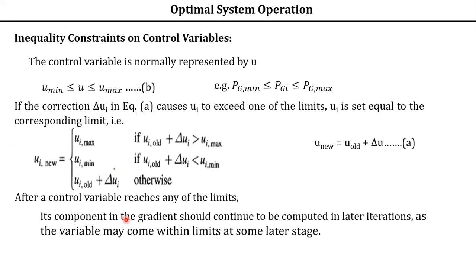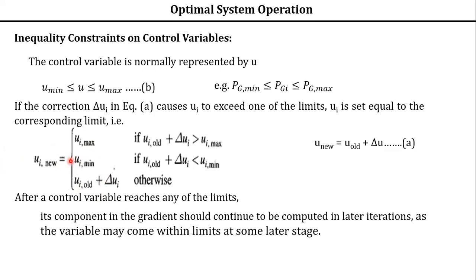You have to continue computing, so that the gradient is continually computed in later iterations, so that the variable value may lie within the specified limits at a later stage. This is an important point you should remember.